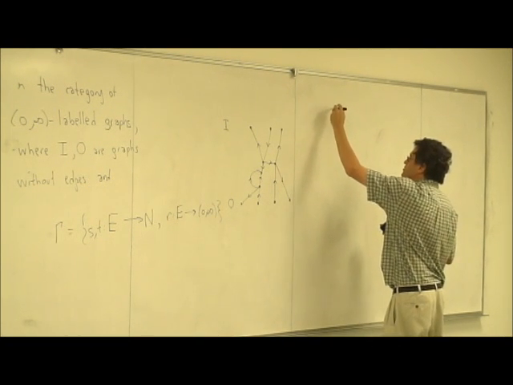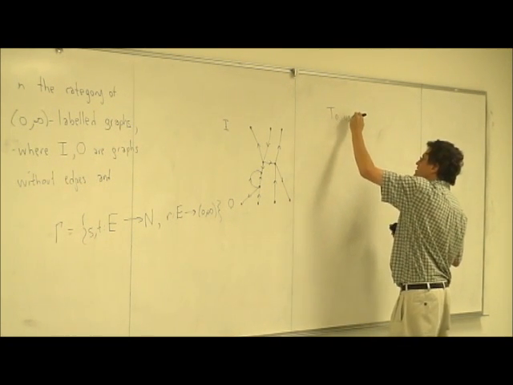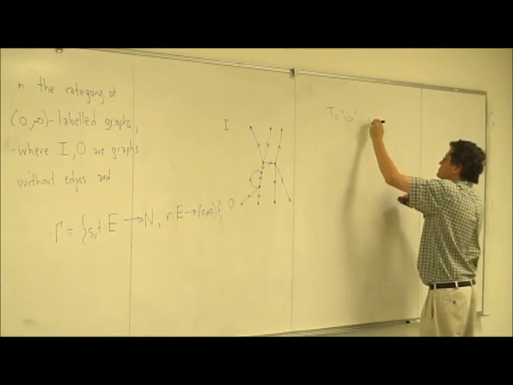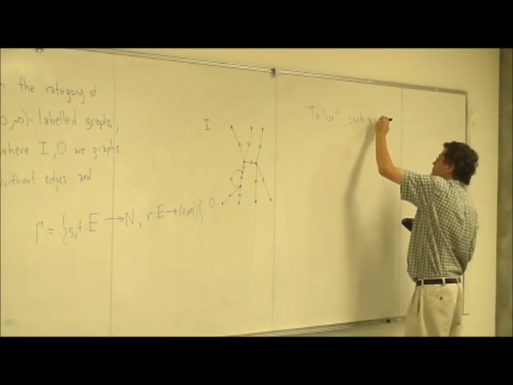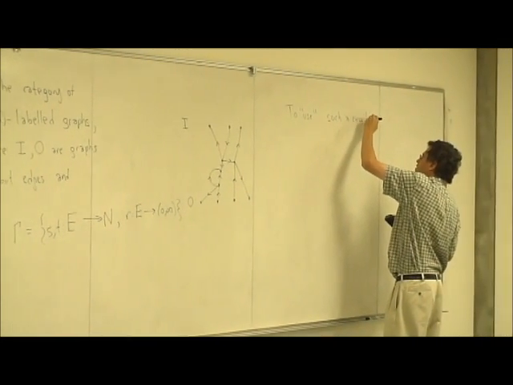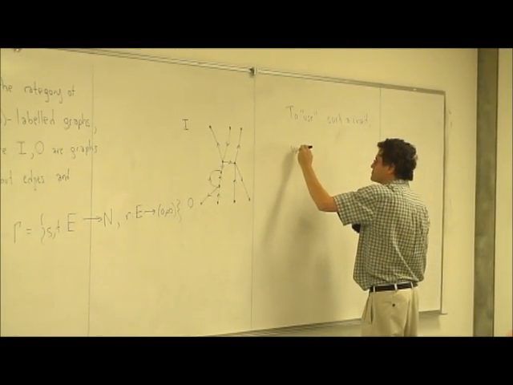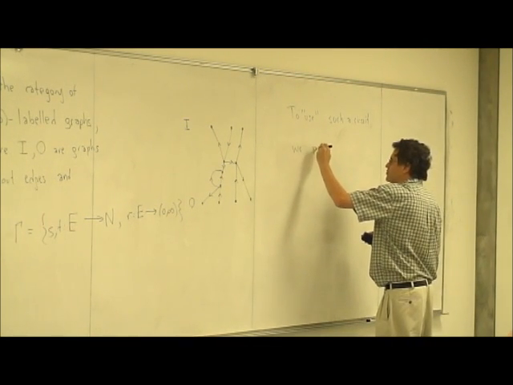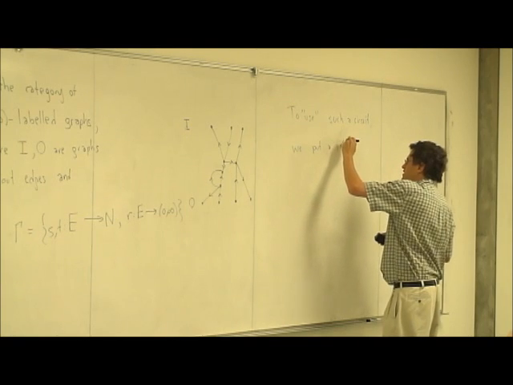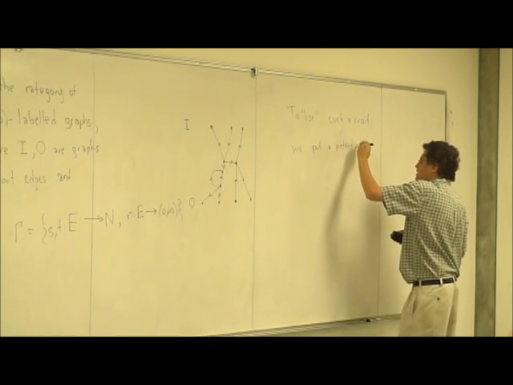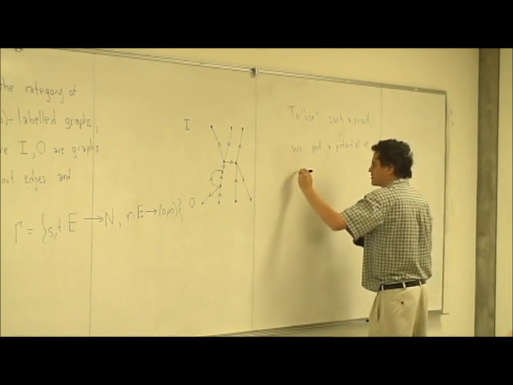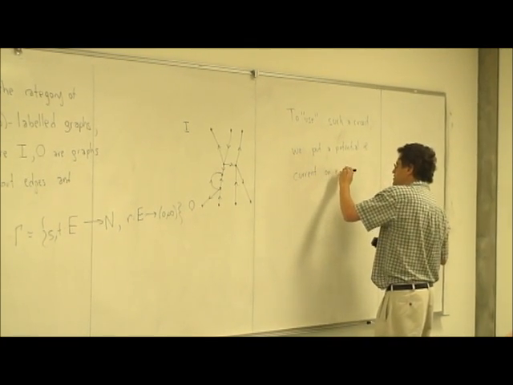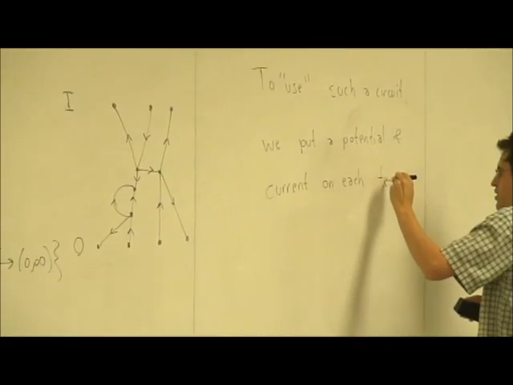So to use a circuit, we put a potential and current on each terminal.